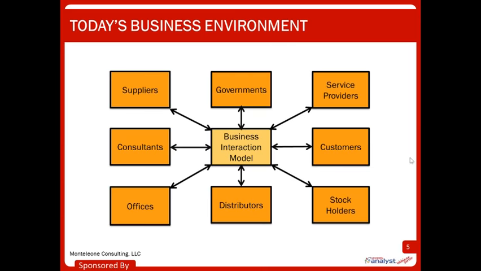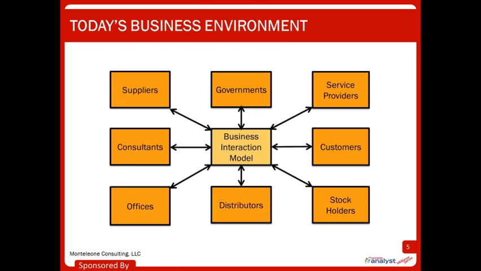This picture here, what is displayed on your screen, is a business interaction model, and it depicts many of our businesses today. They are literally virtual businesses composed of many different companies, and they're all business partners, perhaps with more than one firm.